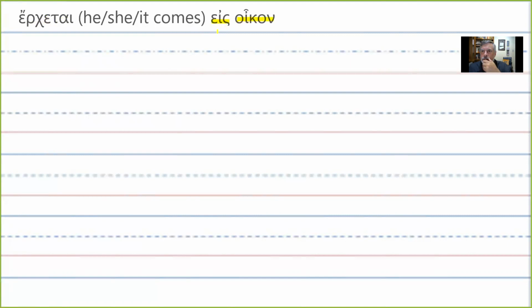Well, eis governs the accusative, and so here we have okon, and there's our accusative ending right there, the Omicron nu, which is going to tell me that it's the accusative singular masculine ending. So into the house would be all that would be. We insert the to make it a smooth English translation.